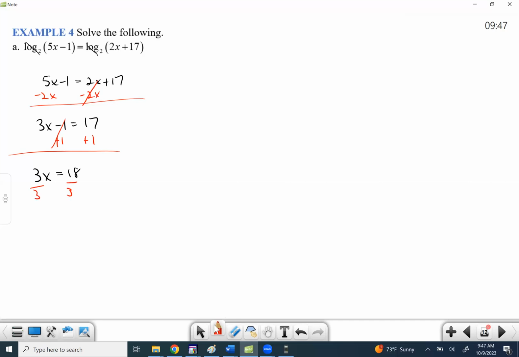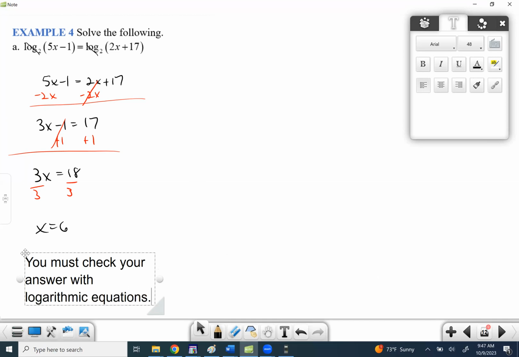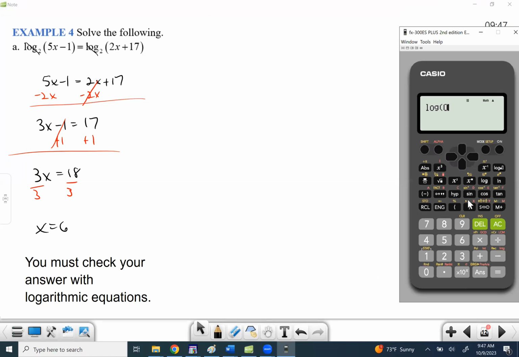Now with logarithms, you have to check your answer. You must check your answer with logarithmic equations. Basically what we're checking is that we don't get 0 or negatives. Because remember, when you try to take the log of 0, you're going to get a domain error. When you try to take the log of negatives, any negative, you're going to get the same thing, an error.